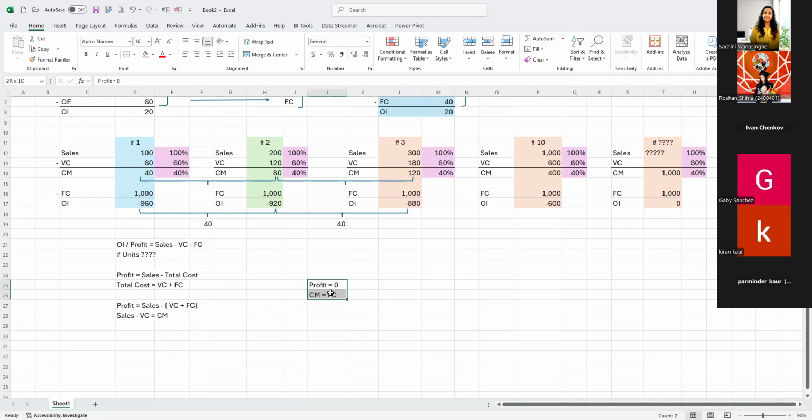My profit will be 0 only when the contribution margin is equal to fixed cost. Because if we continue on this formula, sales minus variable cost is contribution margin, and how am I going to get my profit or operating income? Contribution margin minus fixed cost gives me the profit.